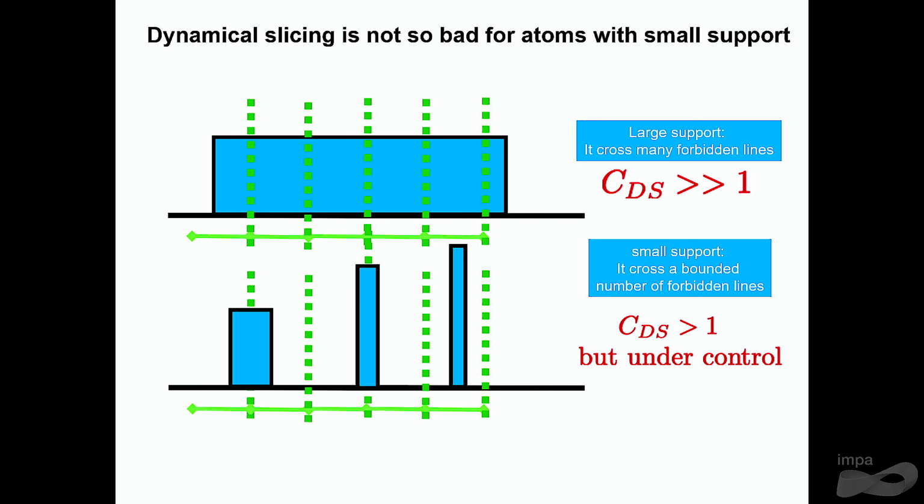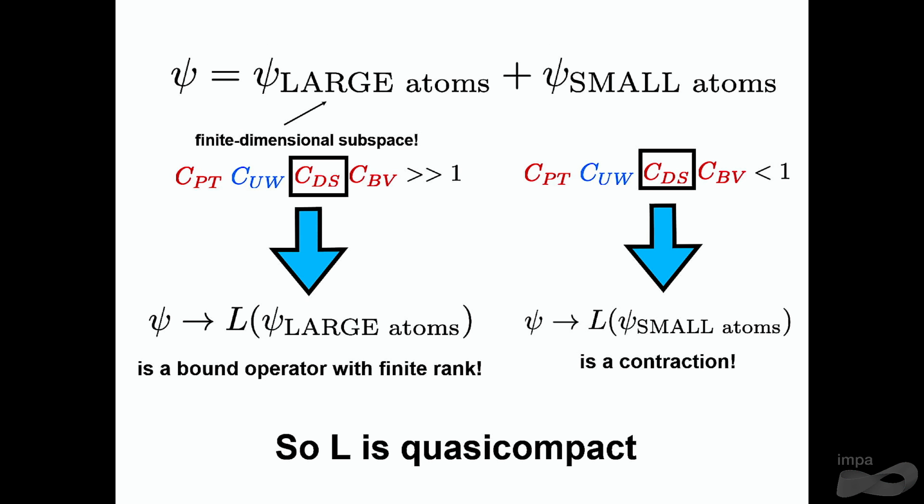And the second case is the typical case, actually. So what you do is you decompose your function as large bricks and small bricks. For large bricks, you just have a finite number of those. So you cannot really control the norm of this very well, but this has finite rank because there's just a finite number of atoms. So the image of this is finite dimensional, so you don't really care.